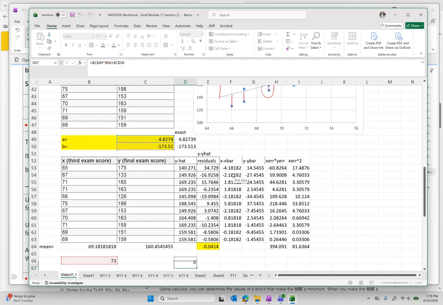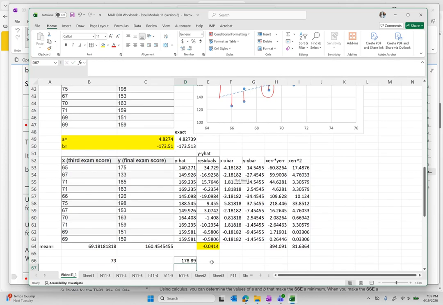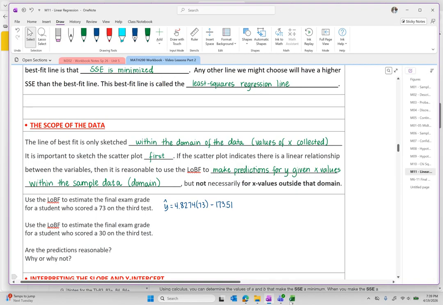So here I have an estimated final exam grade of 178.9. So using the line of best fit, I can estimate that someone who scored 73 in exam 3 would obtain approximately a 179 in the final exam.